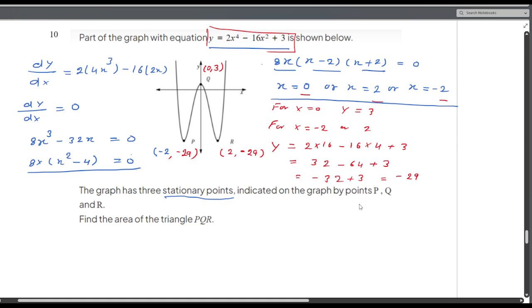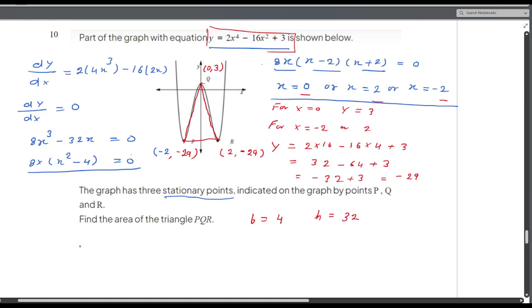Now if I join P, R and Q, I will get this triangle. And in this triangle, if I find the base, the base will be from -2 to +2, which is equal to 4. And if I find the height, the height will be from -29 to 3, it is 32. So H is equal to 32.